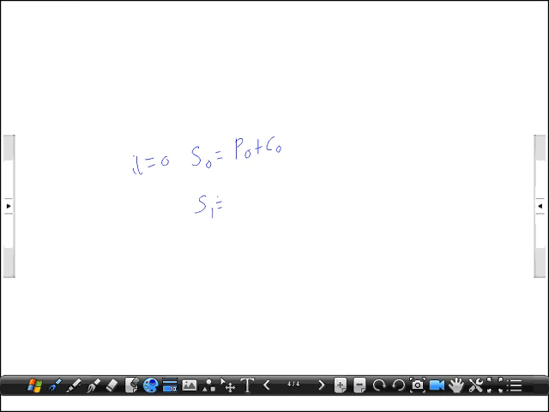S1 will be P1 exclusive OR with C1, S2 will be P2 exclusive OR with C2, and S3 will be P3 exclusive OR with C3.